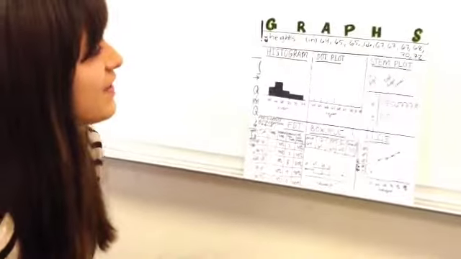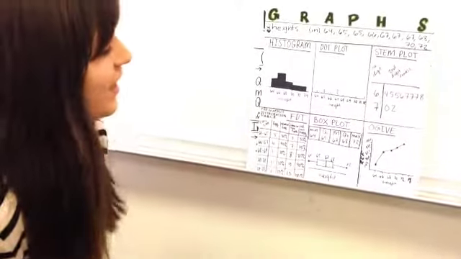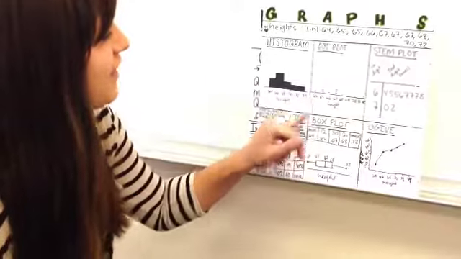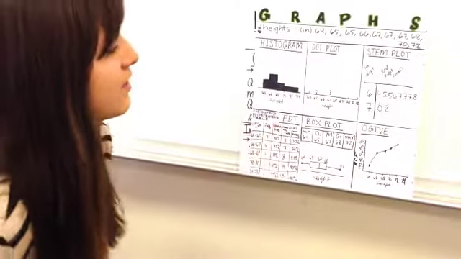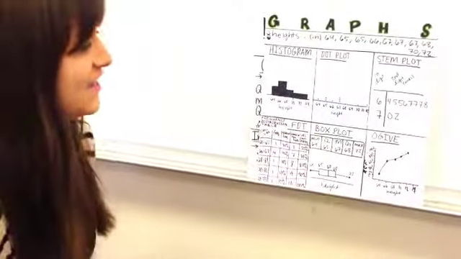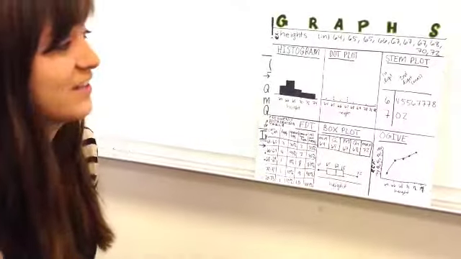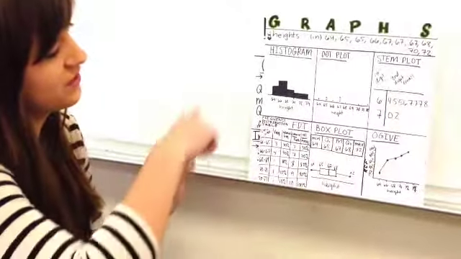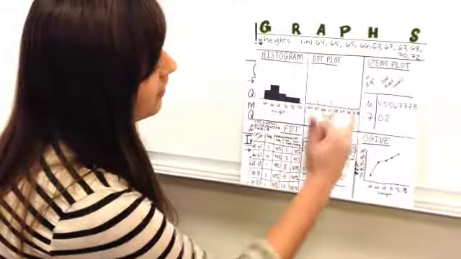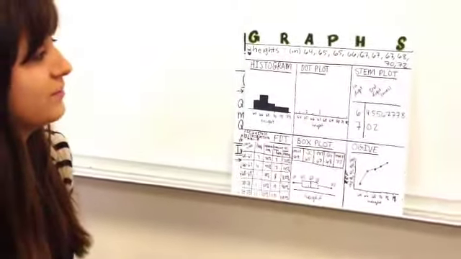We also have a dot plot, and you can see that under each and every one of the heights, we have a dot representing a person with that height, and it shows us just how far it goes.